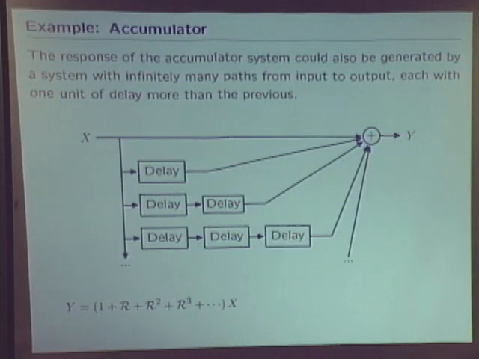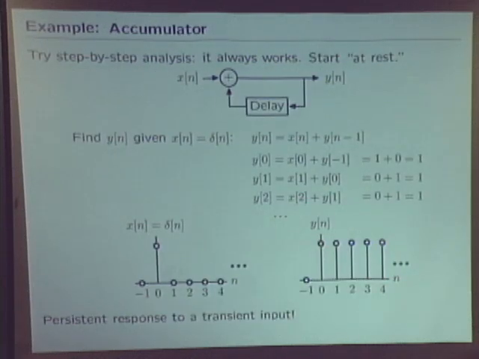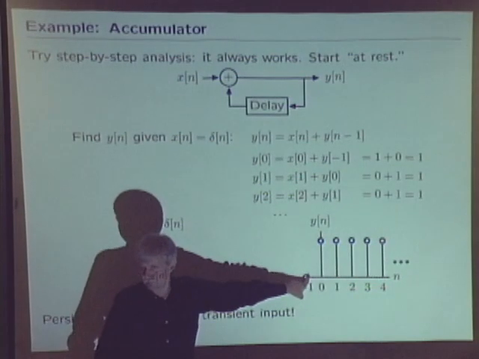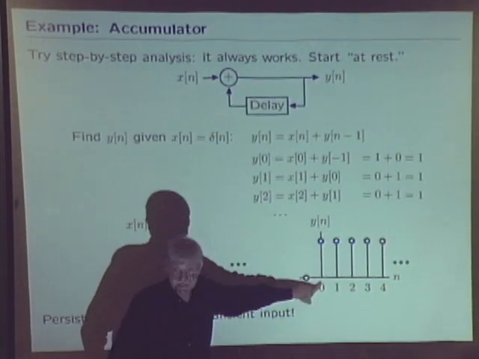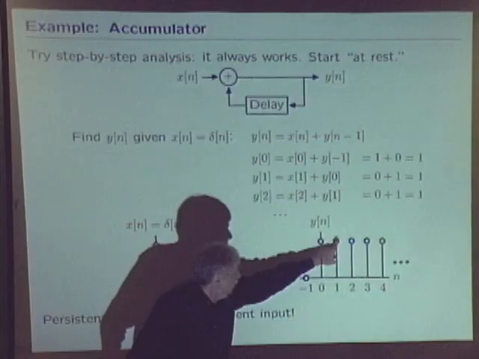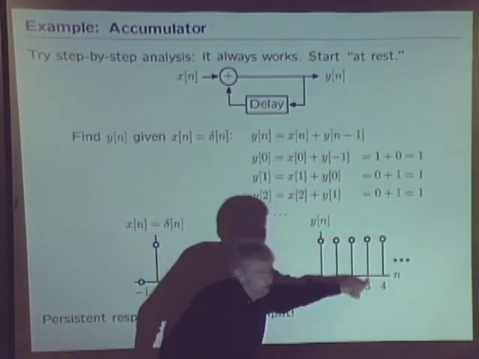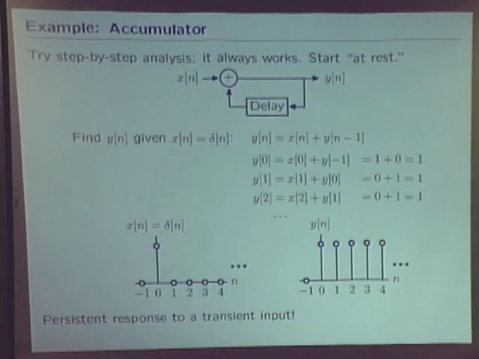So how do we think about that in terms of our operators? Well, having figured out what the response looks like, there's a perfectly valid R expression for this signal. This is just the unit sample plus R times the unit sample plus R squared times the unit sample plus R cubed times the unit sample, ad infinitum.